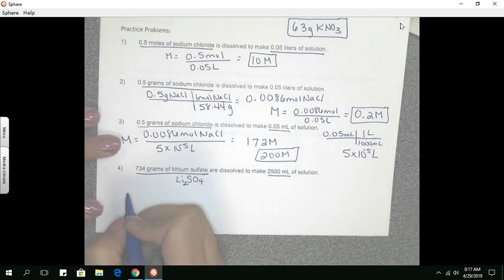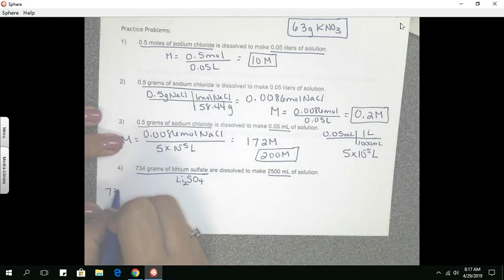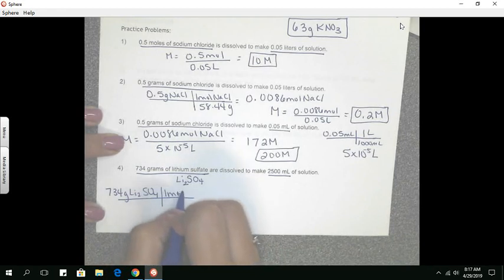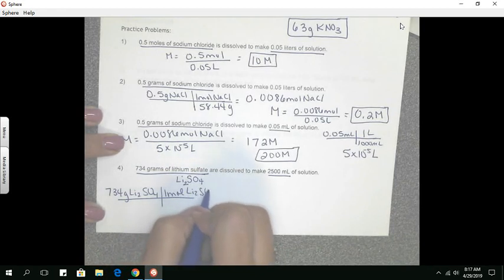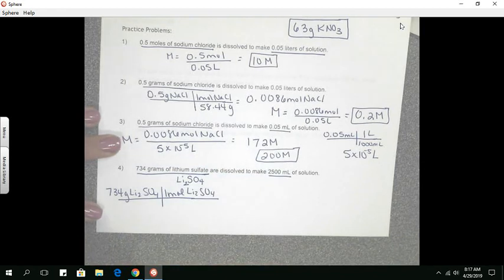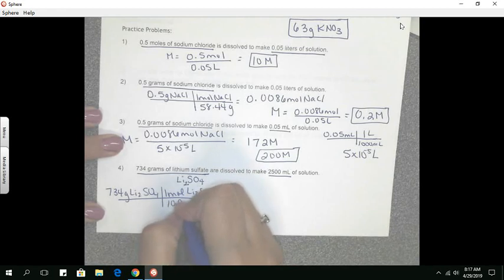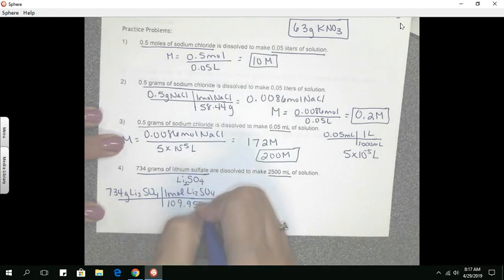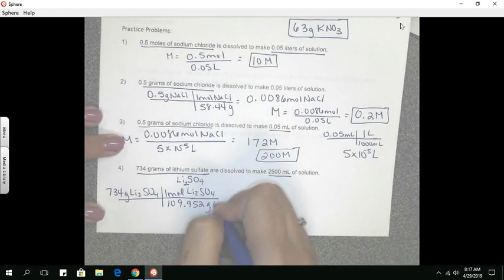Alright, so we can convert our grams, 734 grams of lithium sulfate, into moles. 1 mole of lithium sulfate has how many grams? So we add those up, and we get 109.952 grams of lithium sulfate.